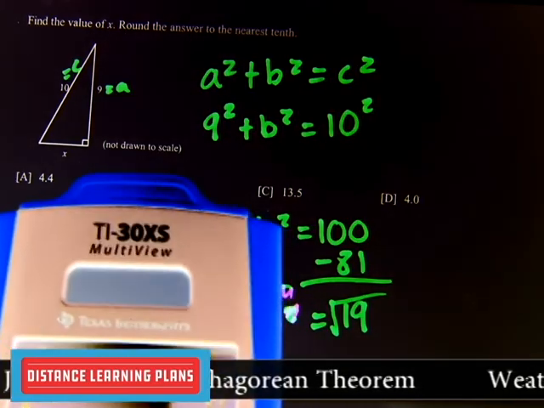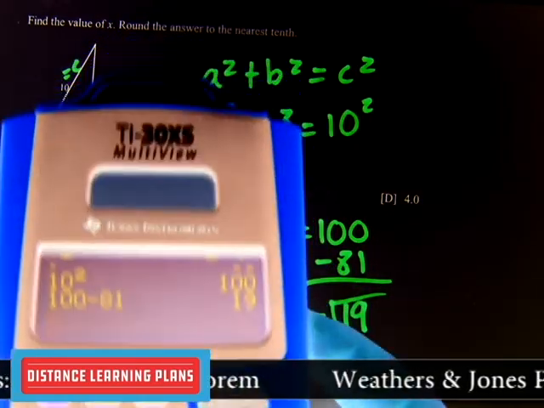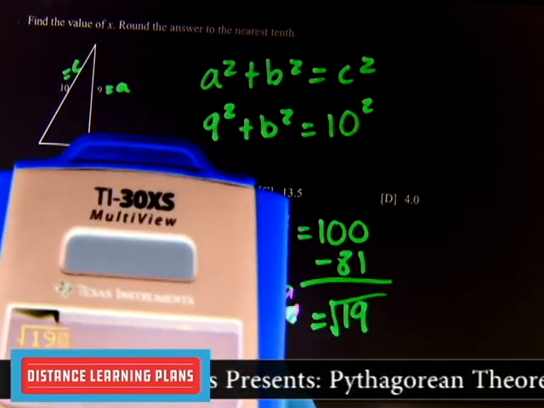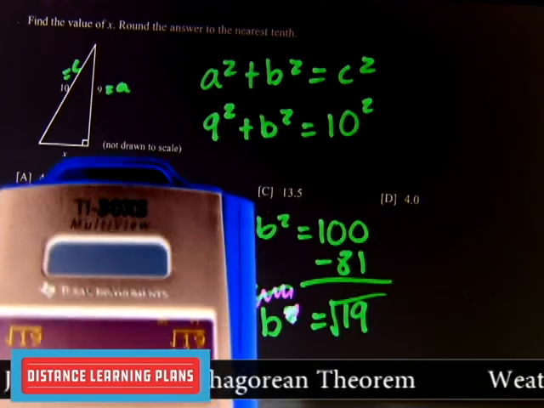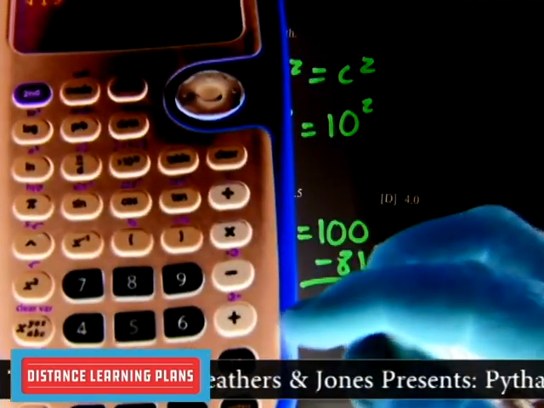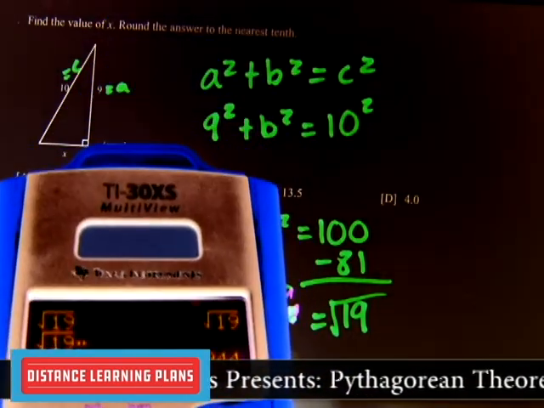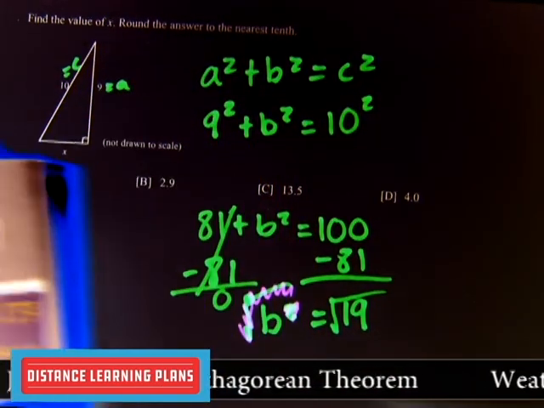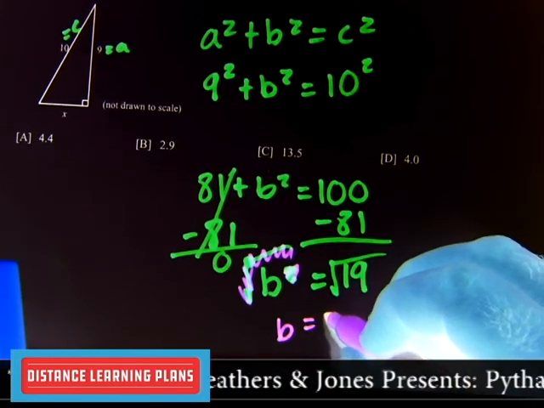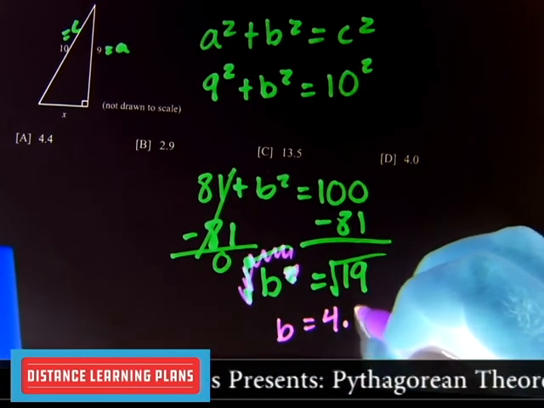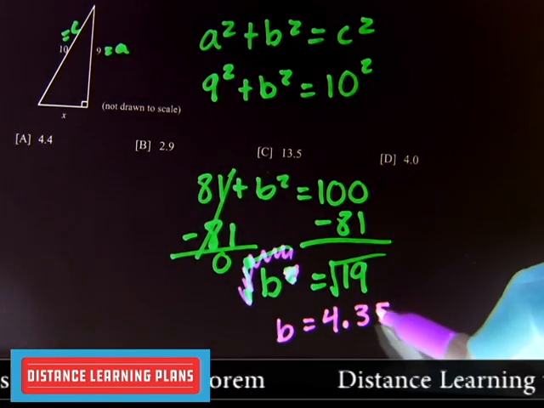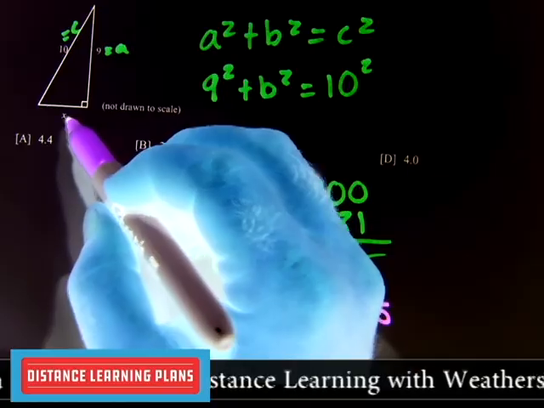So second, we can clear the screen, second square root 19, push enter. Again, it just gives the square root of 19, so we must use the toggle button down here at the bottom. Double arrows, and we get 4.35. So b should equal 4.35, and when we round that, we should get 4.4. Answer A.